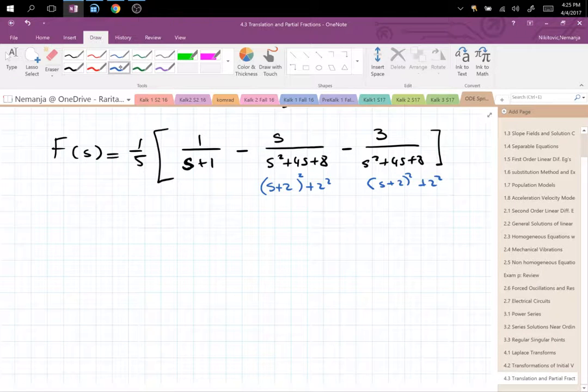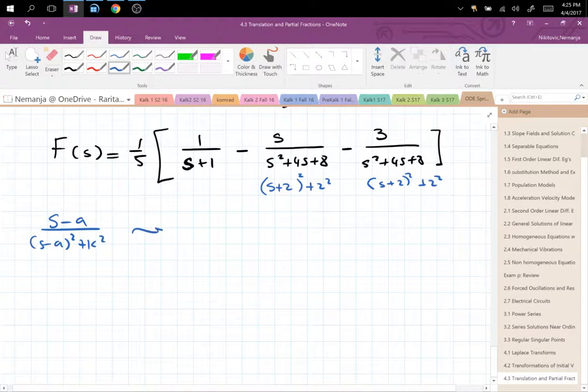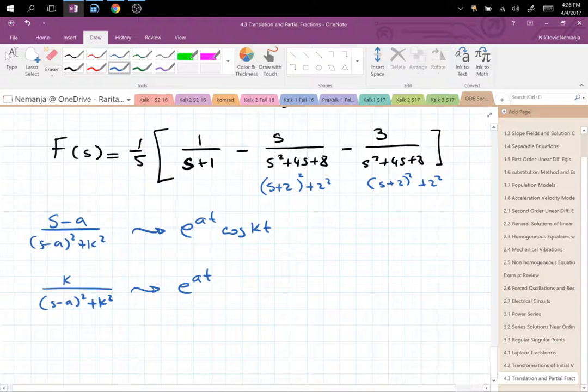Here in blue. If you have s minus a divided by s minus a squared plus k squared, that converts into e to the at cosine kt. And if you just have k divided by s minus a squared plus k squared, that converts into e to the at sine kt.